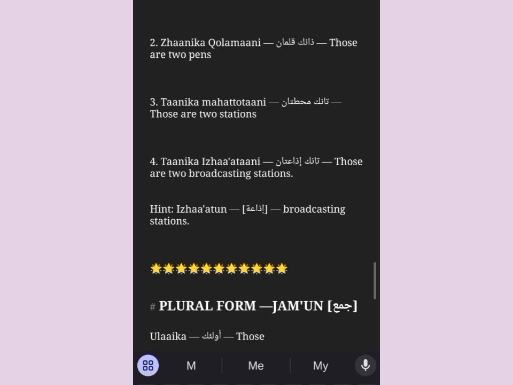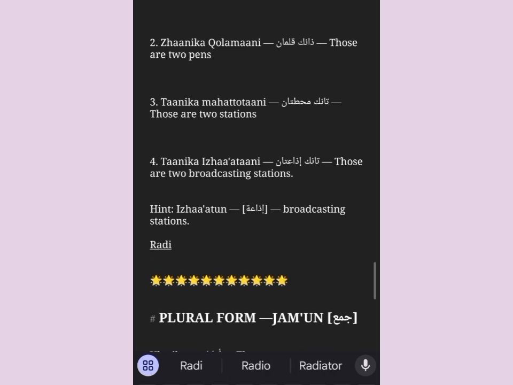Those are two broadcasting stations. So إذاعة is for broadcasting station and مذياع is radio. Okay, radio set. So you have مذياع.